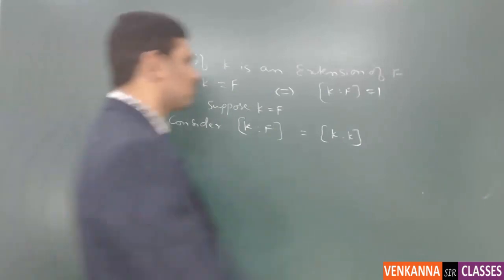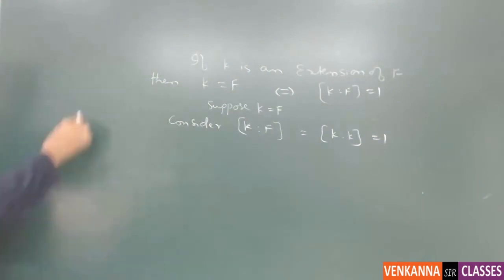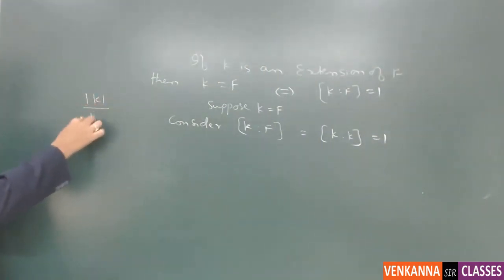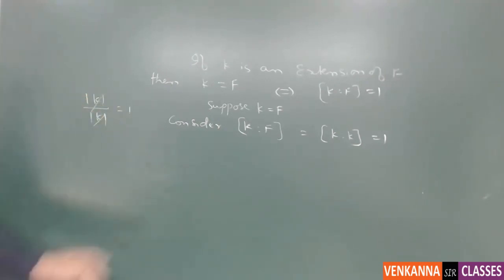So this is nothing but 1, because it is just like calculating the order of the set divided by the order of the set, the number of elements in the set, so it gets cancelled, and the value is 1. So the main part is a trivial case. There is no need to prove that exclusively.